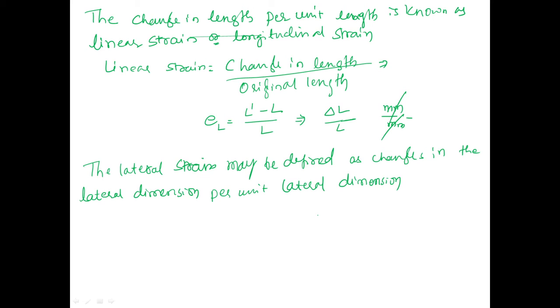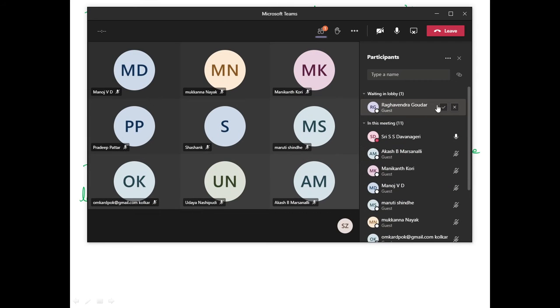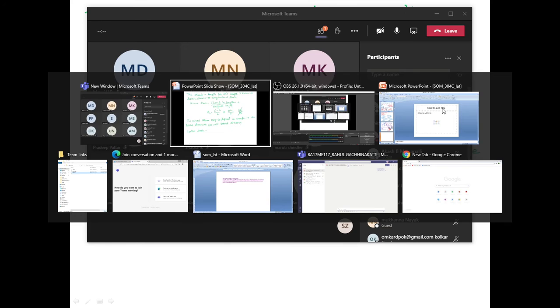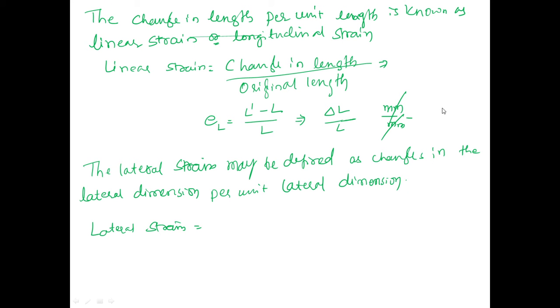So lateral strain is equal to change in lateral dimension divided by original lateral dimension.